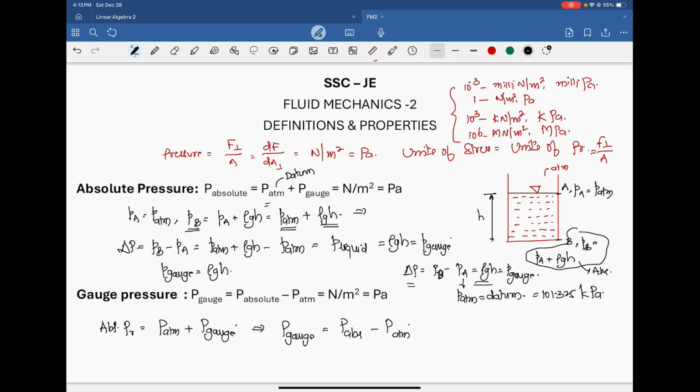Now, let us say an instrument measured gauge pressure as 53 kPa. What will be the absolute pressure?